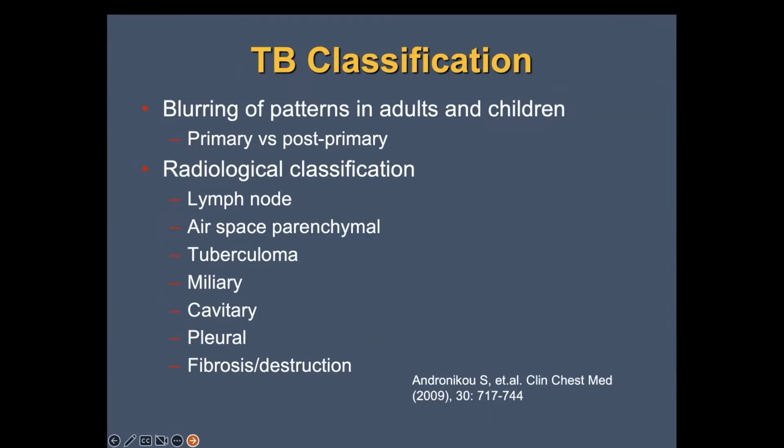And so you can see both types of disease in both children and adults. And so I think the preferable way to think about the radiologic findings of TB is really to think about the location of the disease and the type of lesion that you're seeing, whether it be lymphadenopathy, parenchymal disease, miliary disease, cavitary disease, pleural disease. And I'll show examples of all of these.